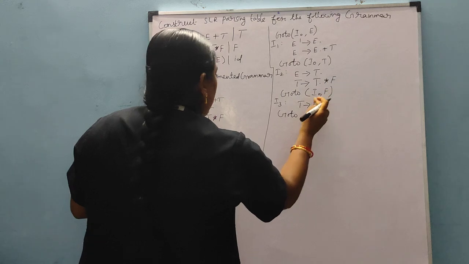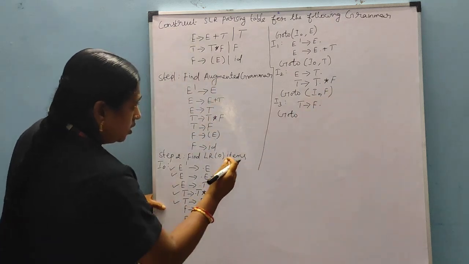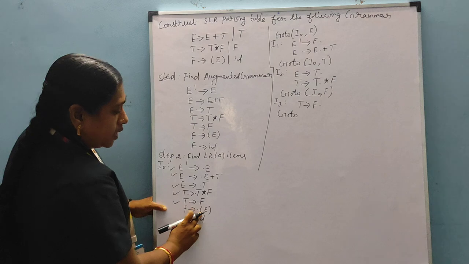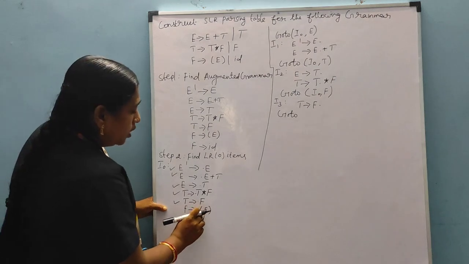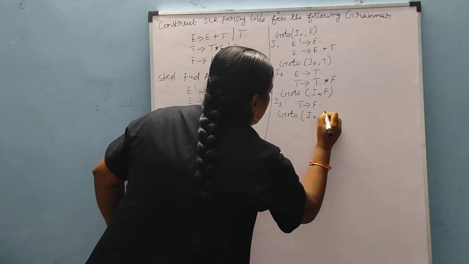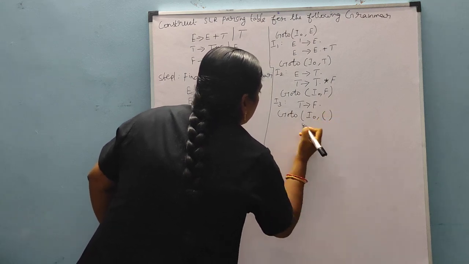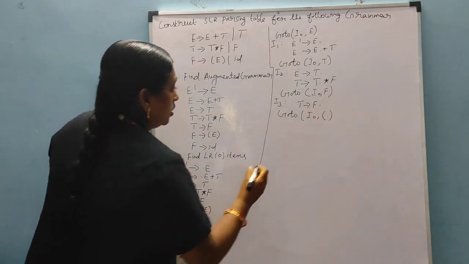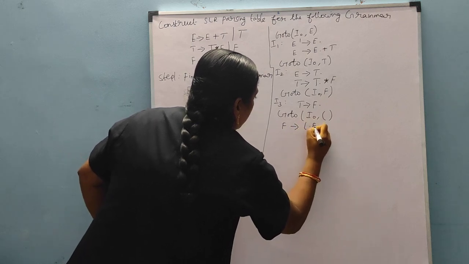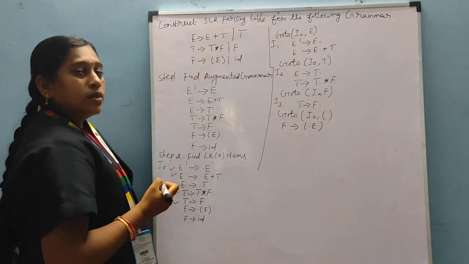So after I naught, yes, completed up to the F production. Then we have to move for the terminal symbol. So I naught, comma terminal symbol open bracket. Yes, F tends to open bracket dot E close bracket.